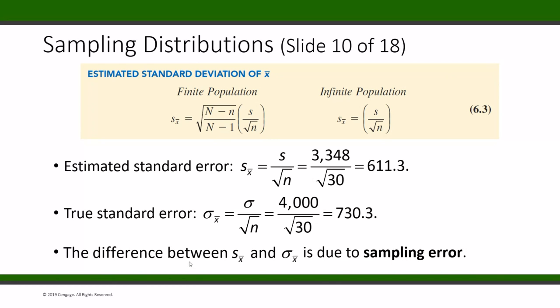If somebody asks what the sampling error is, you take the sample standard deviation and the population standard deviation, each divided by root 30, and the difference between the two is called the sampling error. This will always come up when we have a sample size of 30. So this much error you can expect, the sampling error.